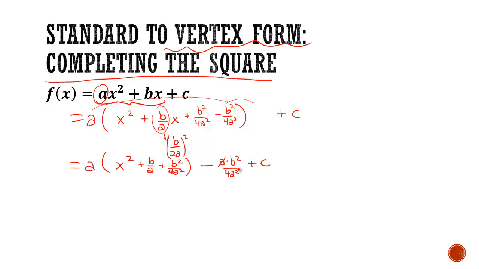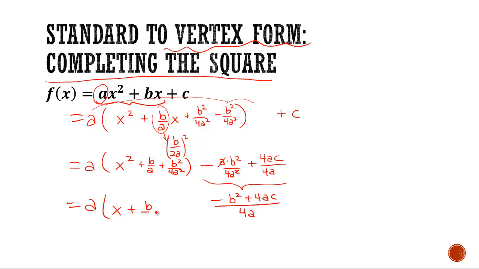So this a will simplify, and the c, if we want to simplify it, we need to make it a common denominator, so it'll be 4ac over 4a. And then when we put that together, we get negative b squared plus 4ac over 4a. And here we have a times (x plus b over 2a) squared.